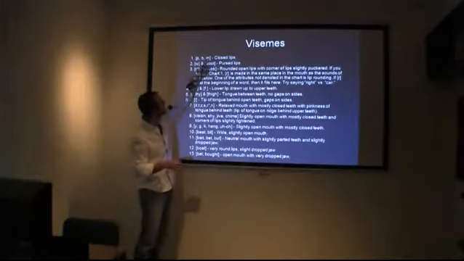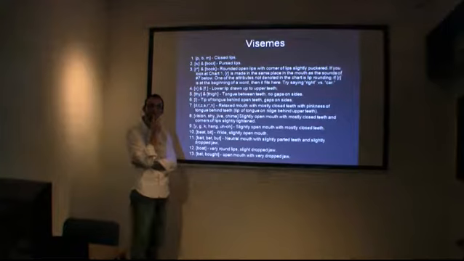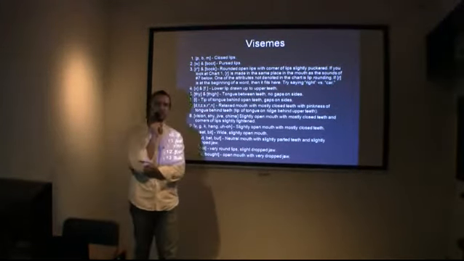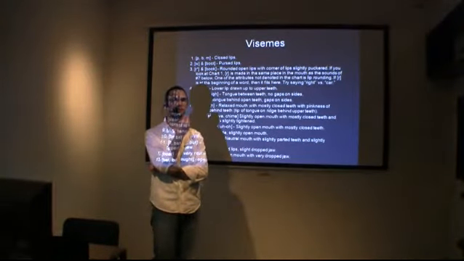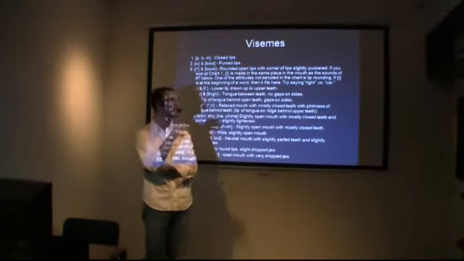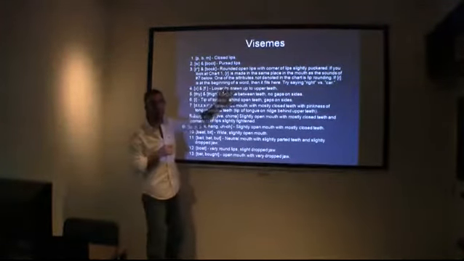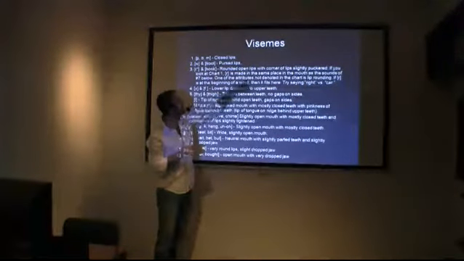Start with the first one. P, B and M, closed lips. Now, wait a second. We talked about M, B and P, and we talked about how it's not about the image, it's about the animation. Right? So the visual snapshot of that natural co-articulation of P, B and M is just closed lips.